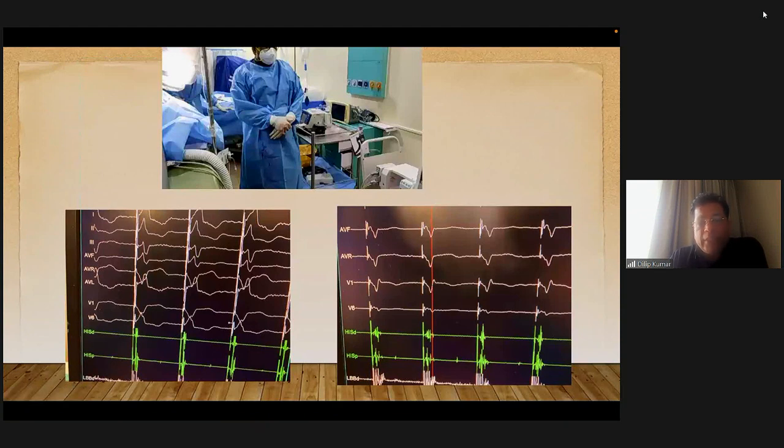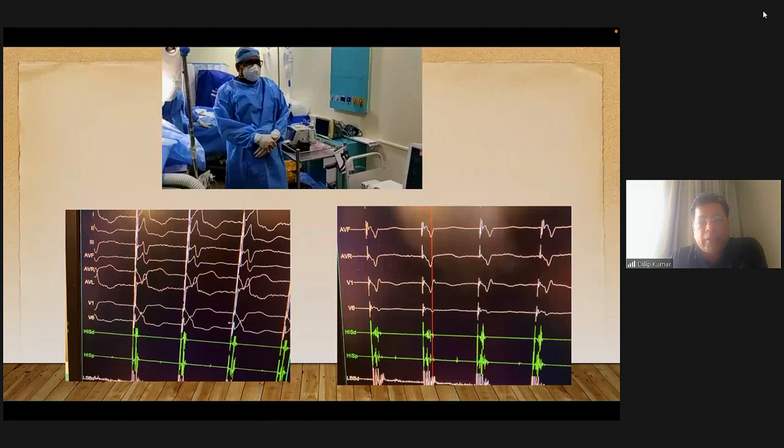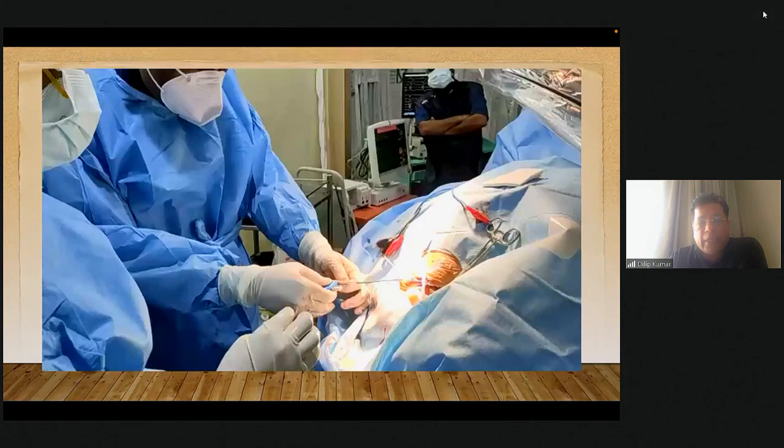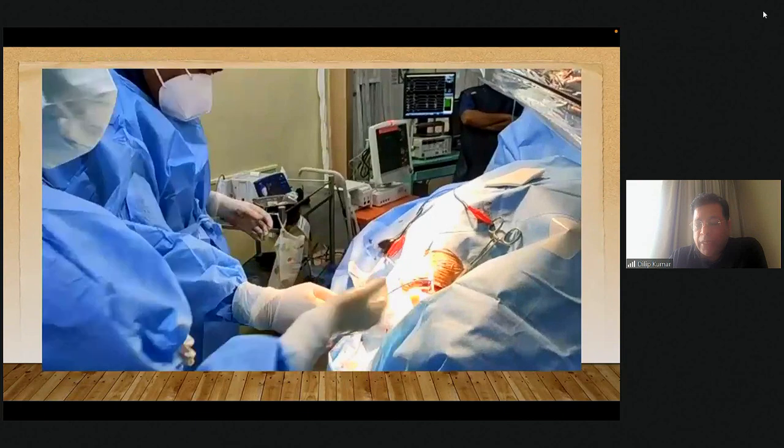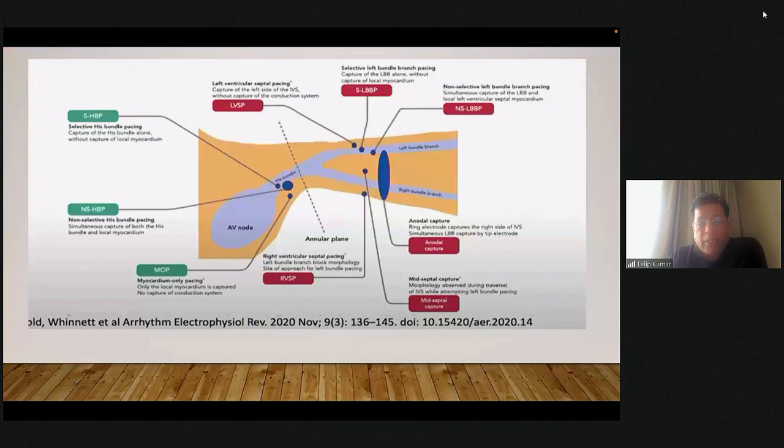Then we measure the RV peak time in lateral leads and V1, and you can make out whether you have engaged the left bundle or not. I will tell you the criteria, and then finally the slitting, and then you are out with the lead in, and you can close it with the device inside.